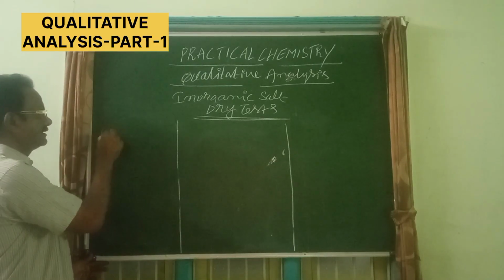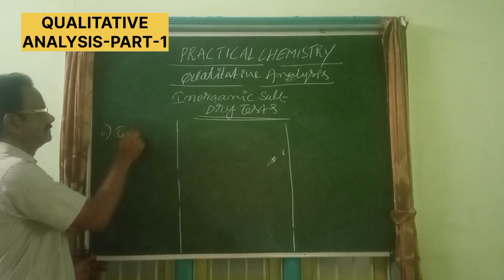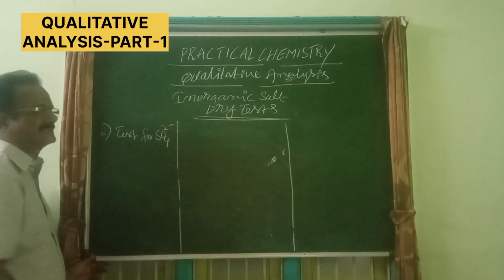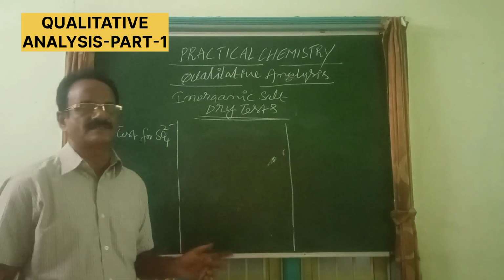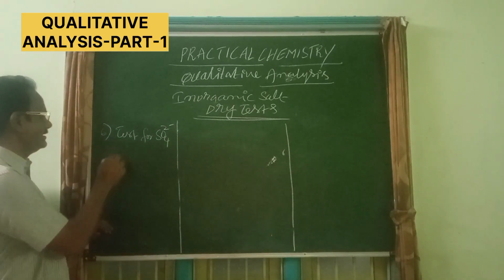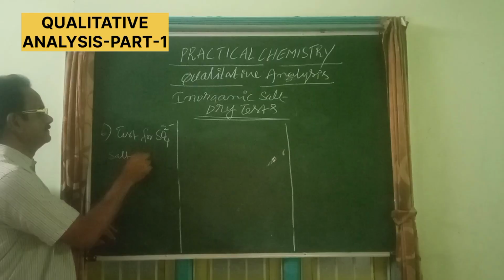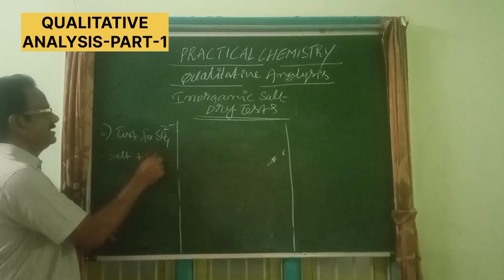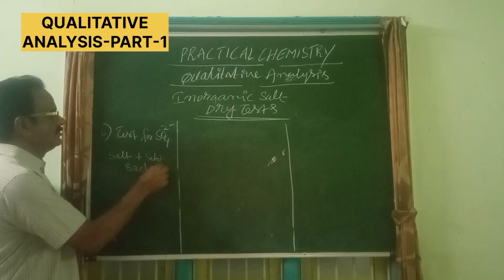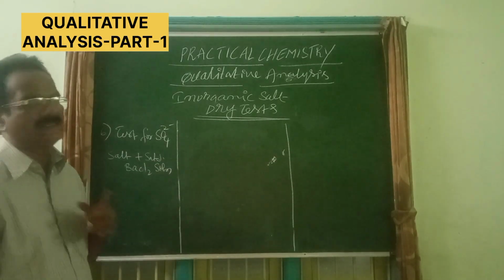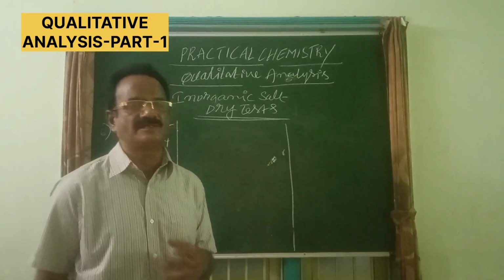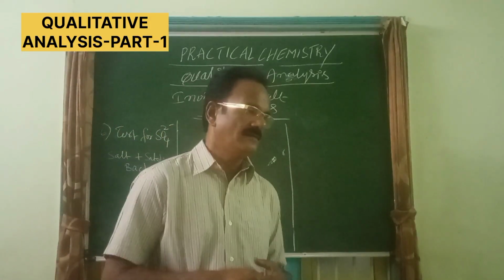So see here, test for sulfate, SO4 2 minus. So here the salt is to be added with saturated BaCl2 solution. Saturated BaCl2 solution or saturated barium chloride solution is an aqueous solution.